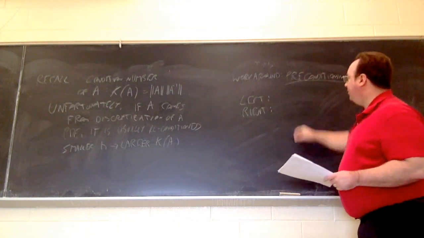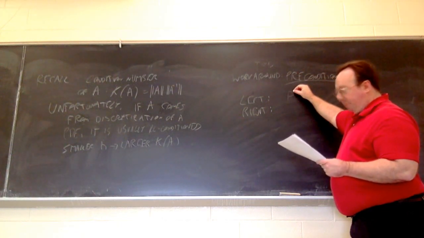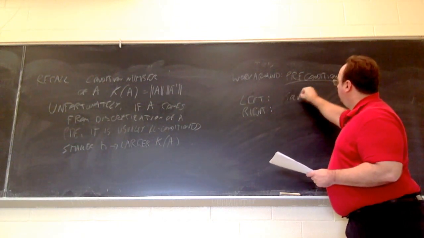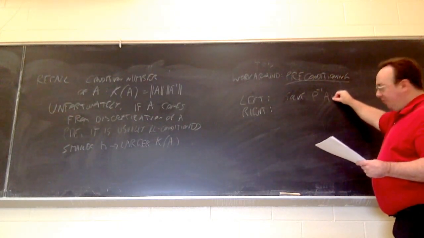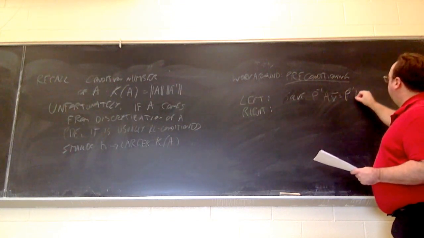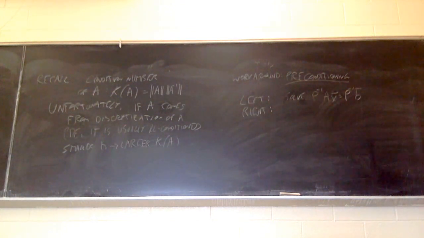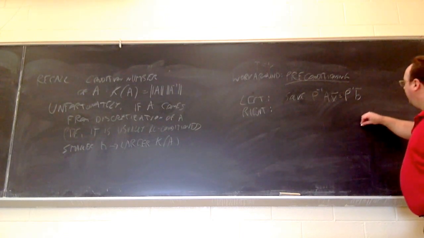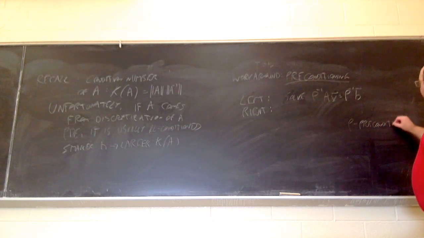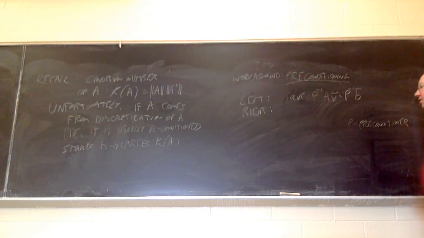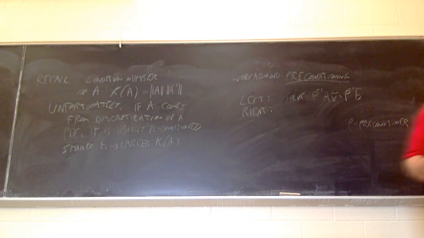In left preconditioning, all you do is you just multiply. So you solve the equivalent system where you just multiply both sides by some matrix P inverse. And P is called the preconditioner. And we'll talk about how we can select P in a little bit. So the idea is hopefully the matrix P inverse times A has a smaller condition number than A does.